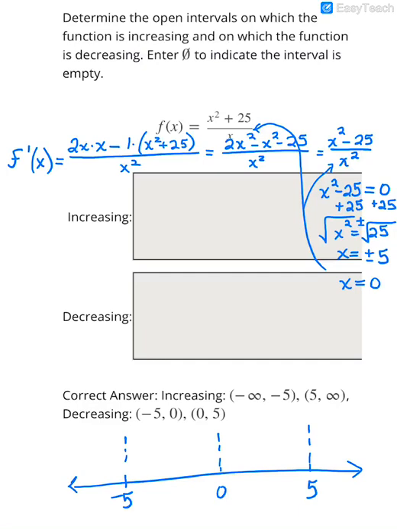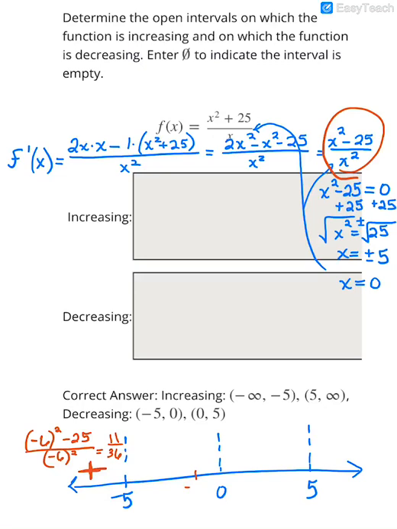If I plug -6 into my first derivative, I would have -6 squared minus 25 over -6 squared. And that simply becomes 36 minus 25, which is 11, over 36. And again, I don't really care about the value as much as I care about the fact that it is positive.